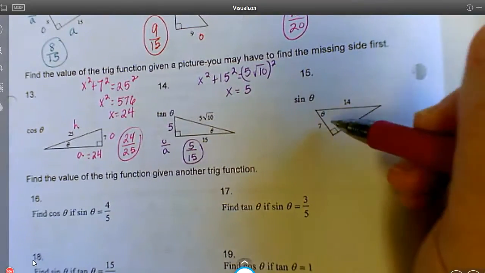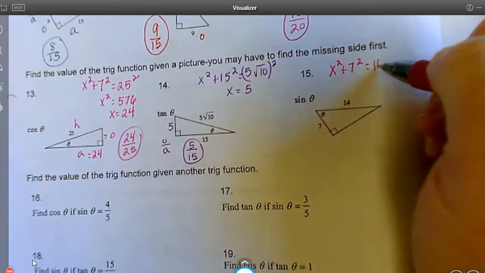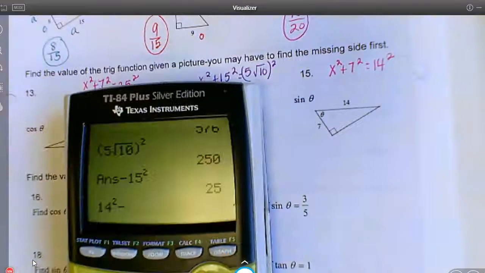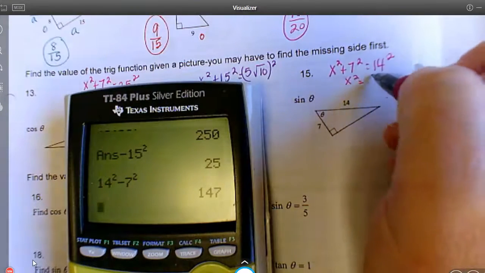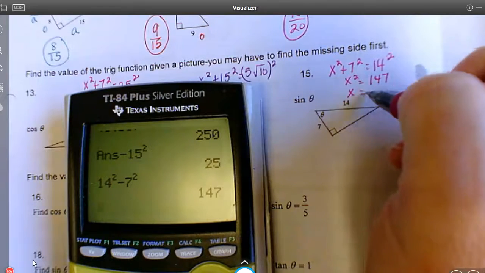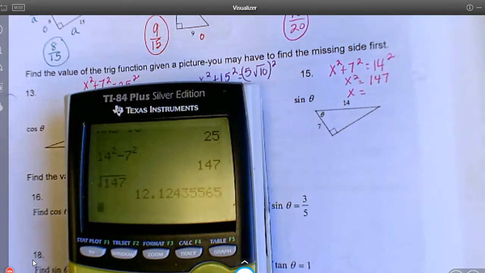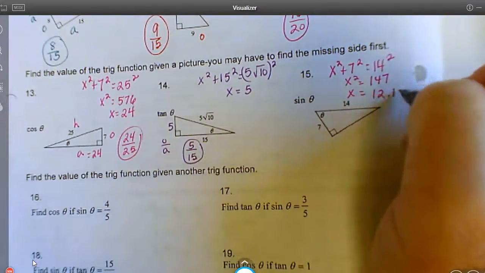14 is the hypotenuse, 7 is a leg, so we've got x squared plus 7 squared equals 14 squared. We're going to do 14 squared and then subtract 7 squared. Then we're going to take the square root of that. You can leave it as square root of 147, or we can find the decimal.